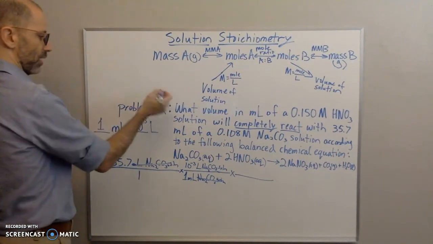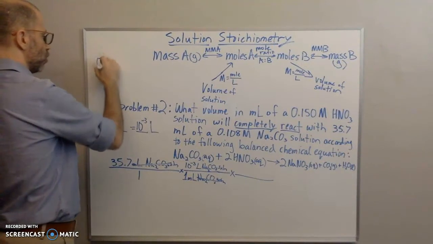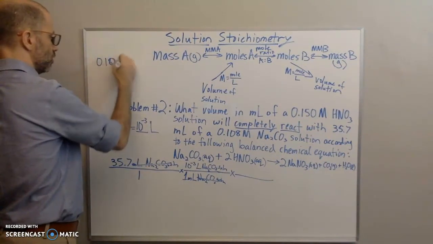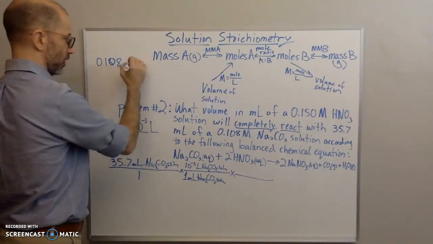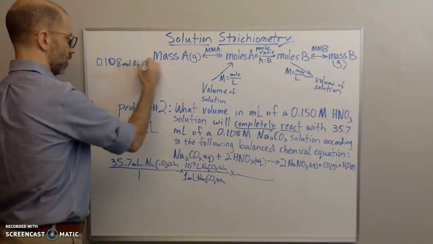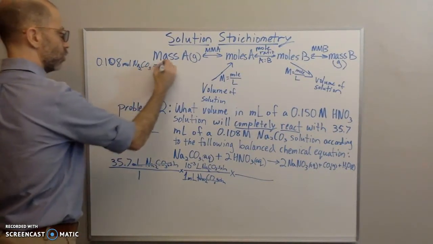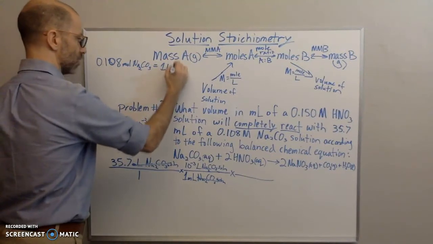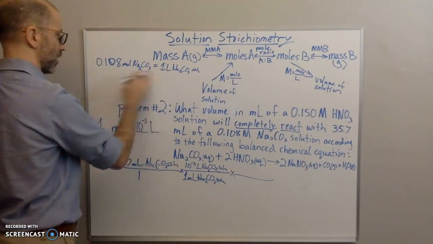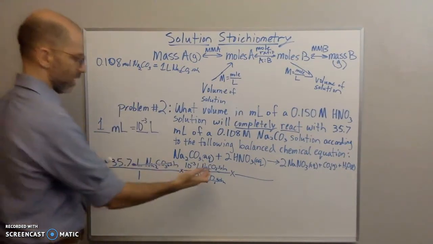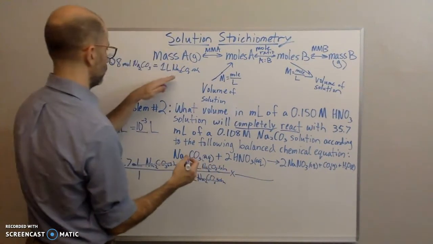And so again, 0.108 molar means that I have 0.108 moles of Na2CO3 sodium carbonate is equal to 1 liter of that Na2CO3 solution. So that's my equality. I have liters of this solution on the top, so I'm going to have liters on the bottom.